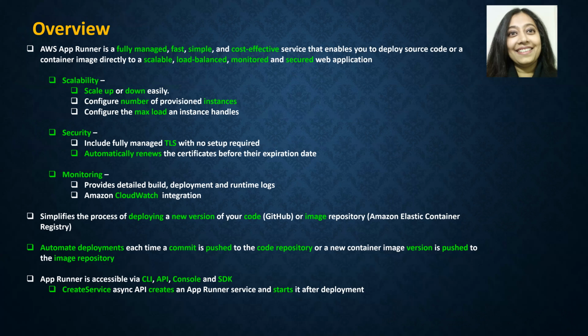Let us now begin this tutorial with what is AWS App Runner. So AWS App Runner is a fully managed, fast, simple, and cost-effective service that enables you to deploy source code or a container image directly to a scalable, load balanced, monitored, and secured web application.